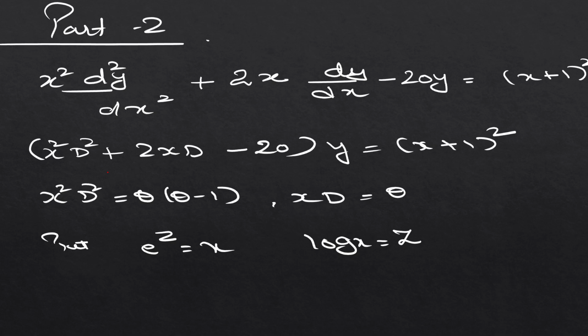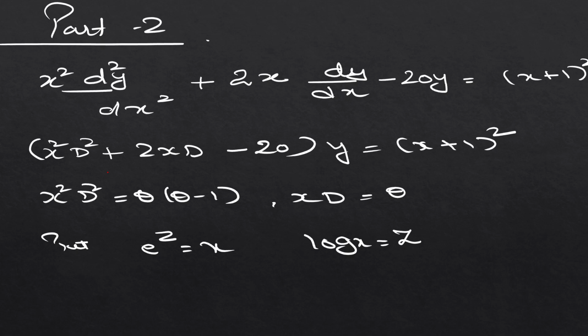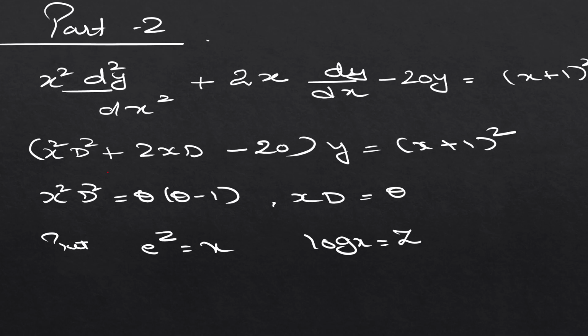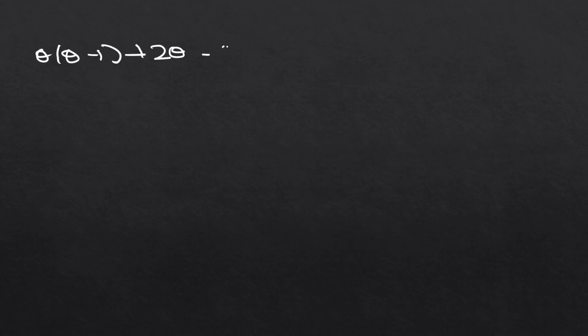These things we will put in. Now x square d square becomes theta into theta minus 1, then the next term, 2x d, becomes 2 into theta. Then the last one is minus 20, that would be y, and the right side is (e raised to power z plus 1) whole square.